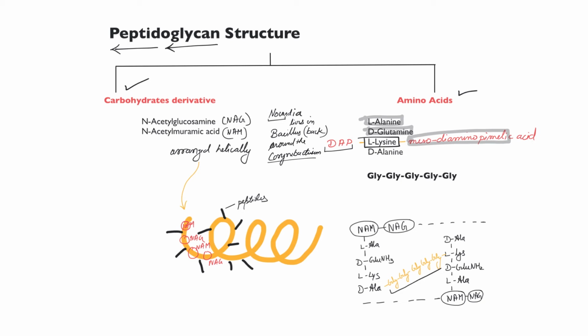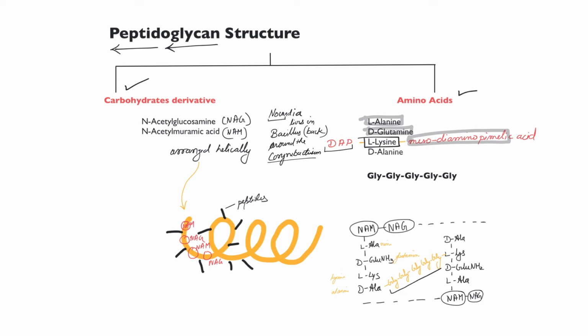So this is the alanine, this is the glutamine, this is the lysine, and this is the alanine, right? Again, we have 5 glycine peptide linkages between the short chains that link in the gram-positive bacteria.